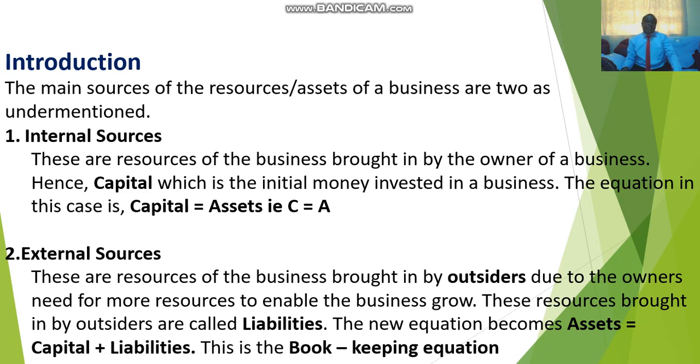He will also take money from the bank and put it into his business. He can also take, for instance, if he's operating a kiosk, vegetables from his farm and use them as stock, or take milk from his farm and use it as capital. In such a situation, capital is equal to assets, that is, C equals A.